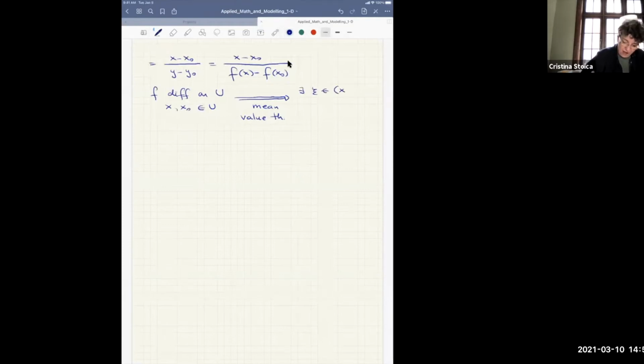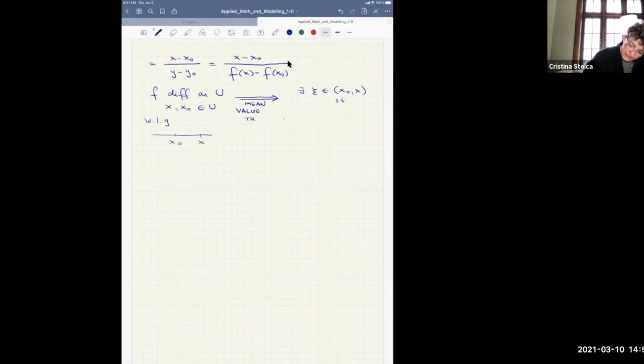Without losing generality, I'm going to take x greater than x naught. If not, it's the other way around, but the argument is the same. So there is a point psi in between x and x naught such that f of x minus f of x naught, I won't have room for this, right here. Mean value theorem.